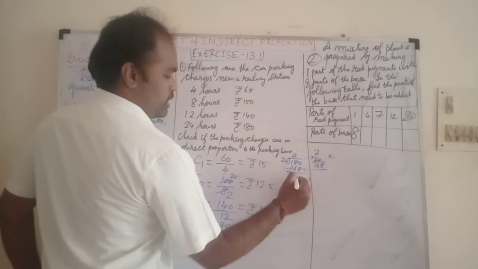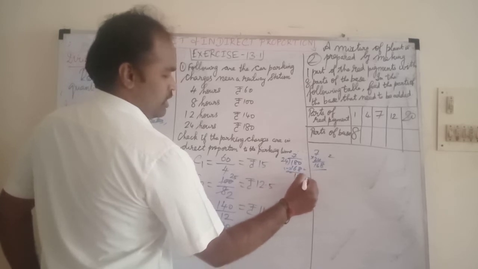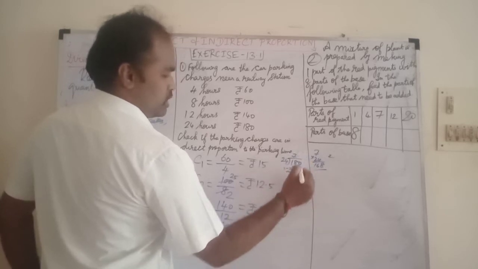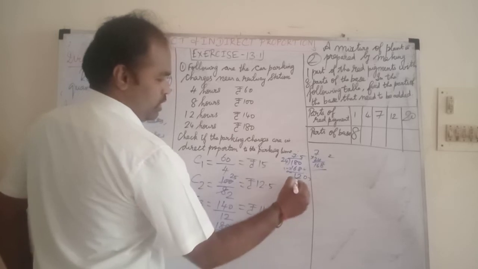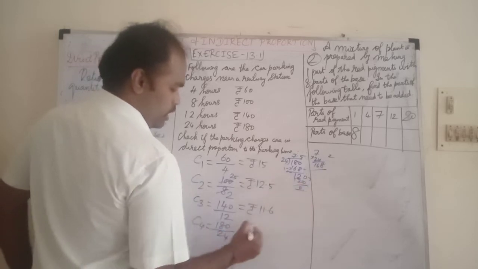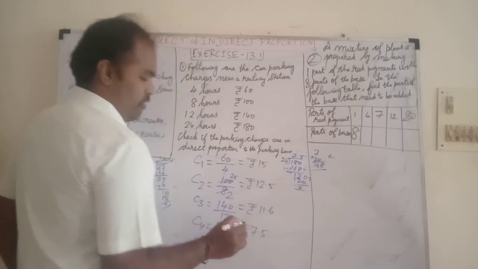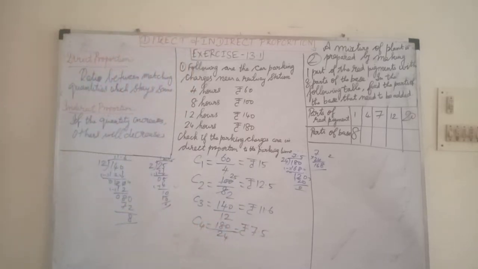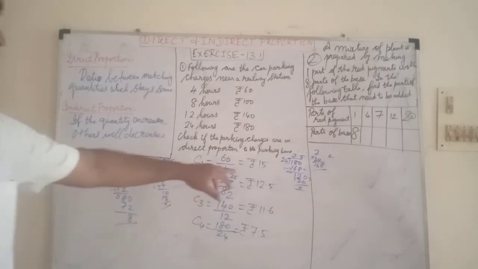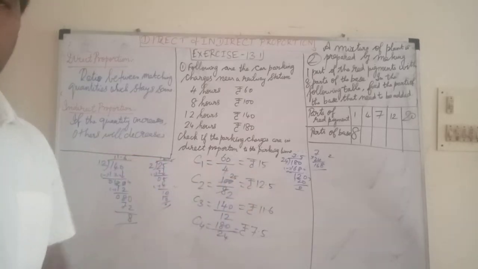So 180 minus 168 is 12. If we add 0 here and a decimal point, 5 twenty-fours are 120. So rupees 7.5. Like that, we need to check whether each car parking charge near the railway station is in direct proportion or not.